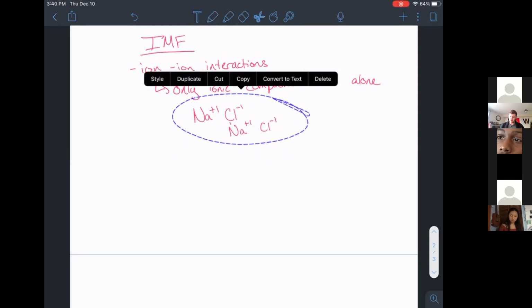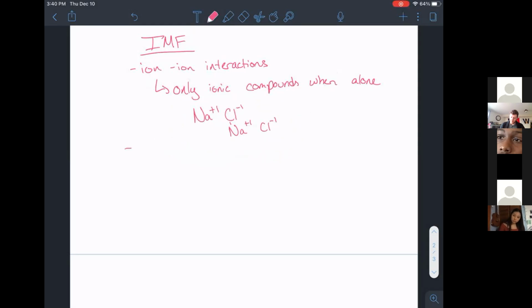The next one is going to be ion dipole. And so if we remember, dipoles are those polar covalent molecules that have a partially charged positive side and a partially charged negative side. And so this really just happens when we have ions or ionic compounds like salts and other ionic compounds that get dissolved into something.